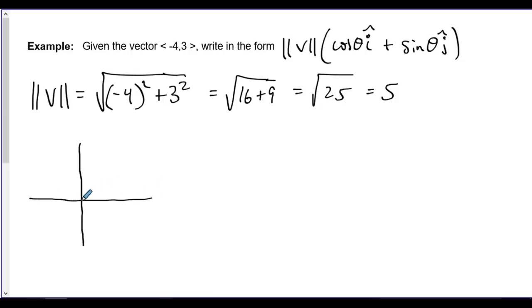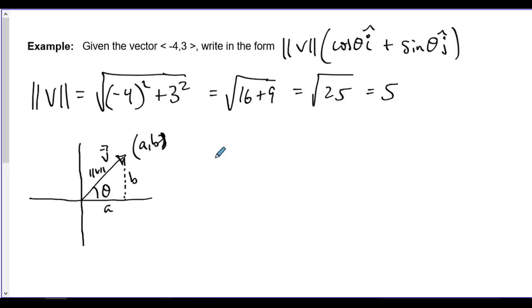But to find the angle, maybe I'll just do a little bit of theory here, and start with a simple case where it's in the first quadrant. Let's say we're back to a point (a, b) for some vector in general. We have some angle theta that we're going to try to find. So we have a side a and a side b. Let's call this vector v again.